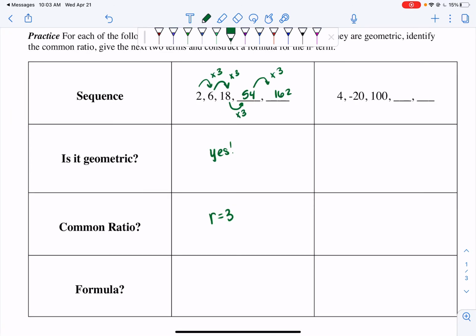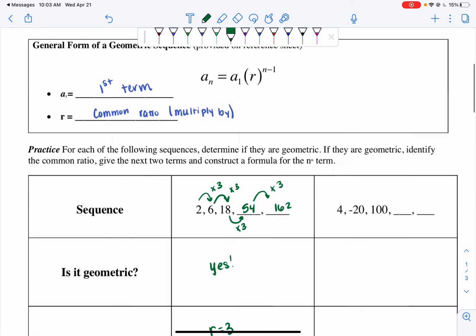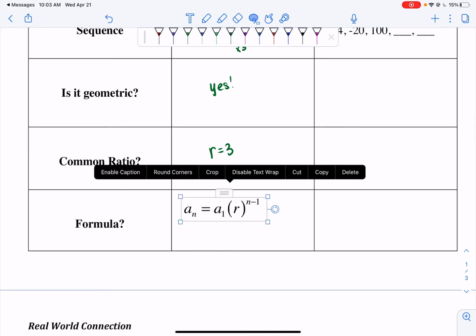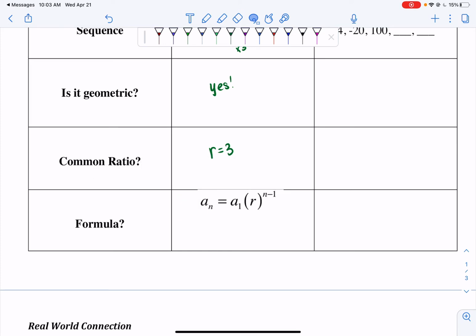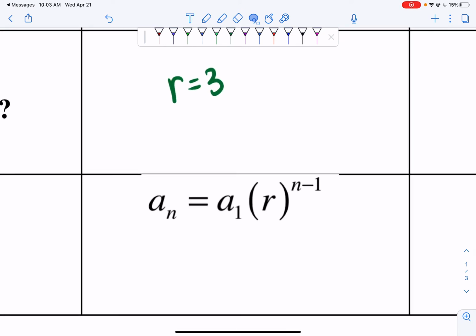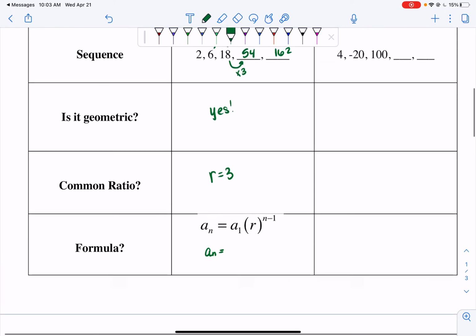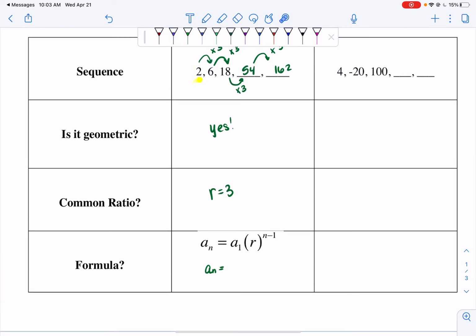And now what we do is we rewrite our formula. So I'm going to go up here and copy and paste this: a sub n equals a sub 1 times r to the n minus 1. And we're going to make some substitutions. We're going to rewrite our a sub n. We're going to write our a sub 1, and in this case, our a sub 1 is a 2.